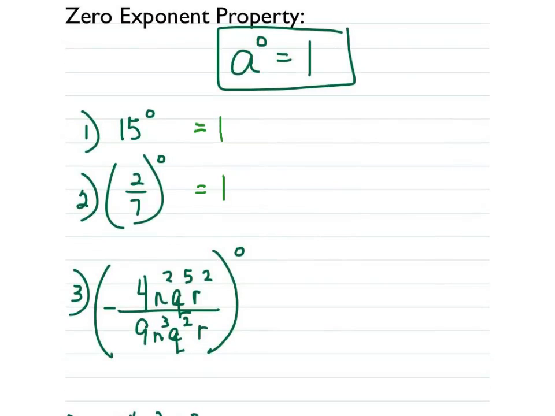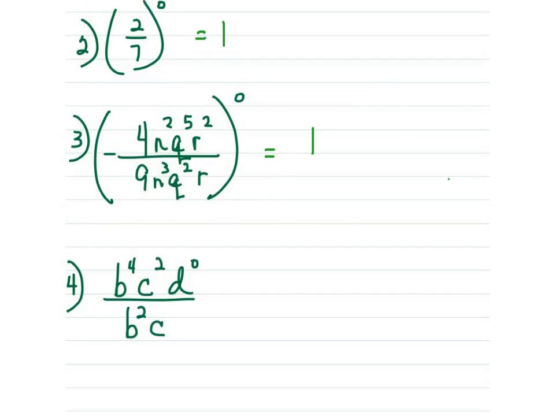Negative 4n squared q to the 5th r squared over 9n cubed q squared r, all of that raised to the 0 power is equal to 1. Let's do number 4. We have b to the 4th, c squared, d to the 0 power over b squared c.